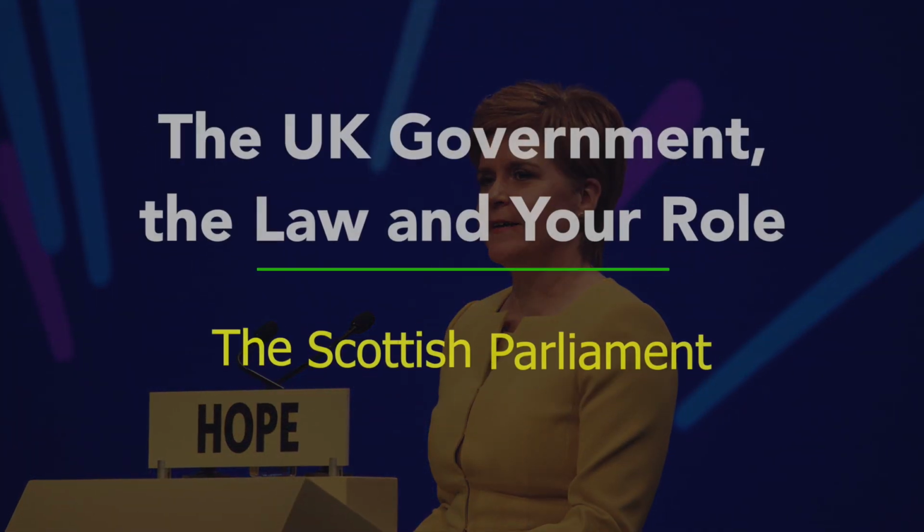The Scottish Parliament. The Scottish Parliament was formed in 1999. It sits in Edinburgh, the capital city of Scotland. There are 129 members of the Scottish Parliament, MSPs, elected by a form of proportional representation.